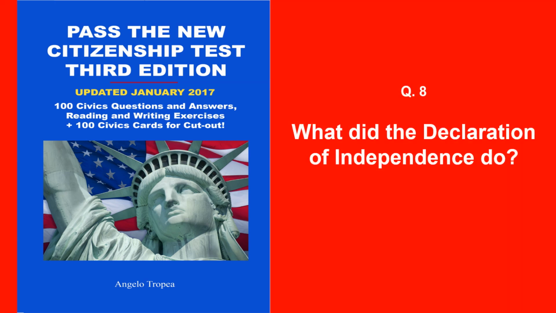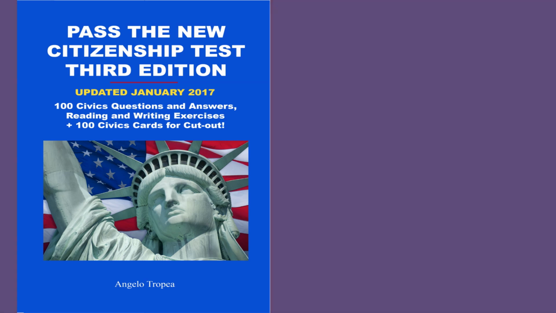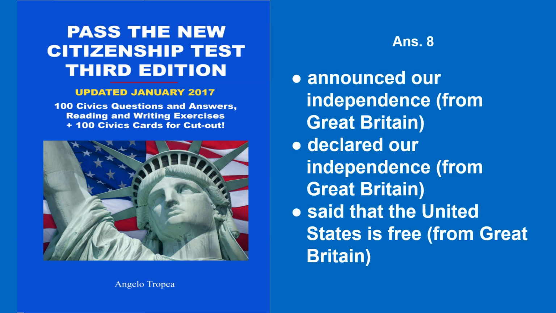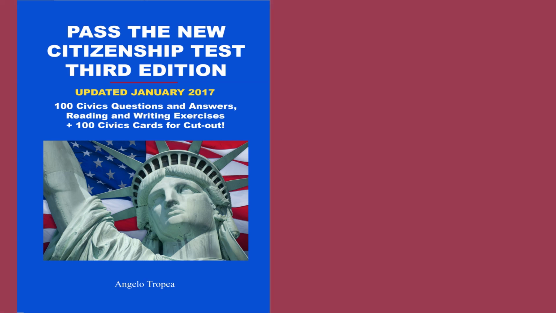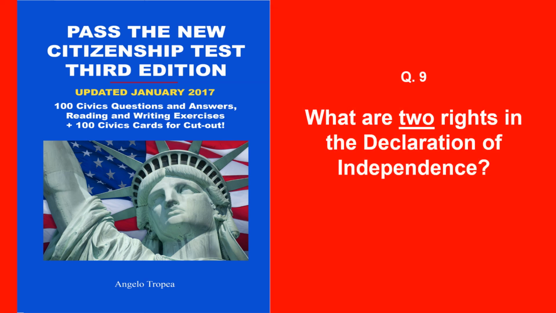What did the Declaration of Independence do? Announced our independence from Great Britain, declared our independence from Great Britain, and said that the United States is free from Great Britain. What are 2 rights in the Declaration of Independence?